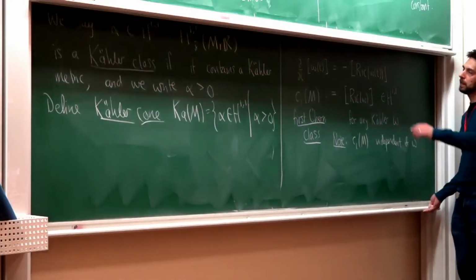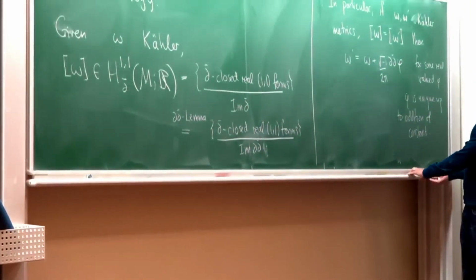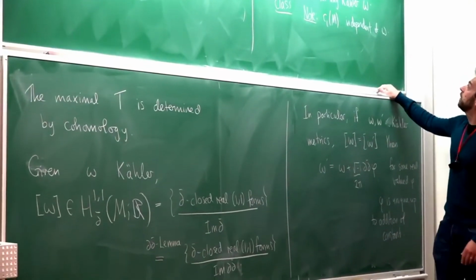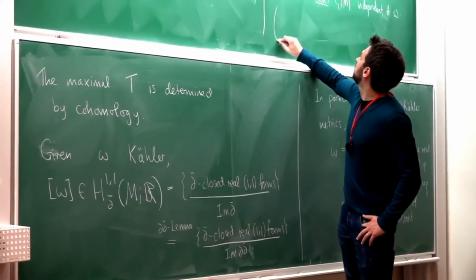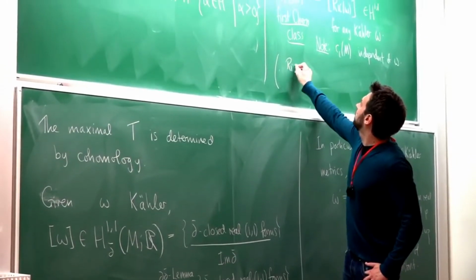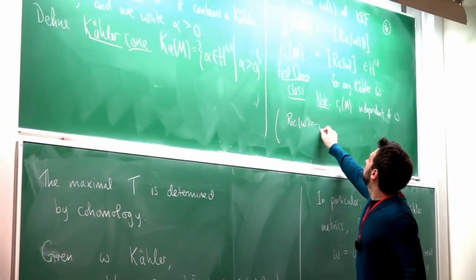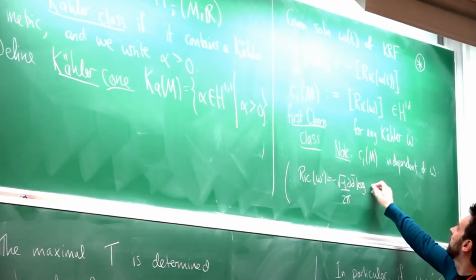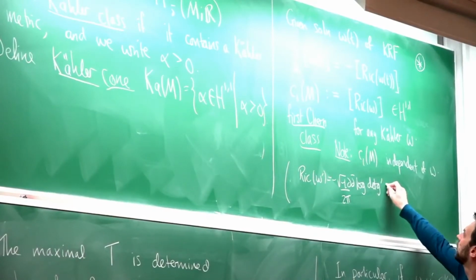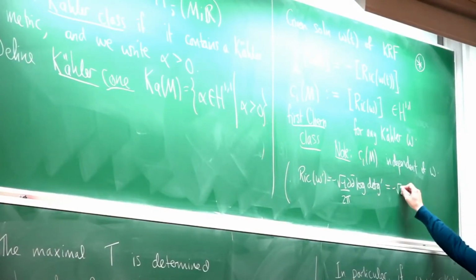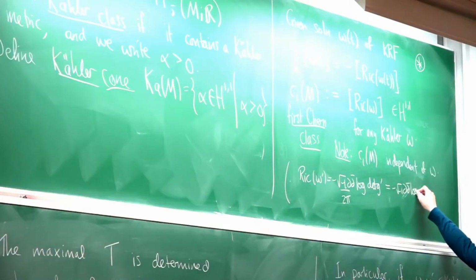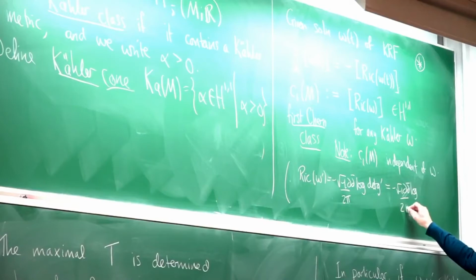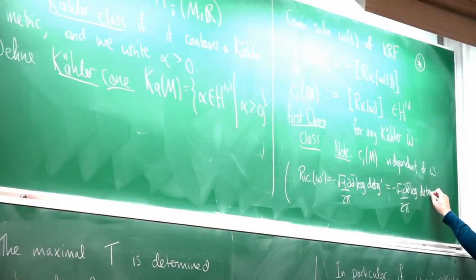And the reason is rather simple. Why is it? Because if you took the Ricci of some other metric omega prime, this would be minus dd bar log, with some factor of 2 pi which I may forget at some point, determinant of g prime. But the determinant of g prime is just locally a function, right? So if you look at the quotient of determinant g prime and determinant g, that's just a globally defined function on the manifold.